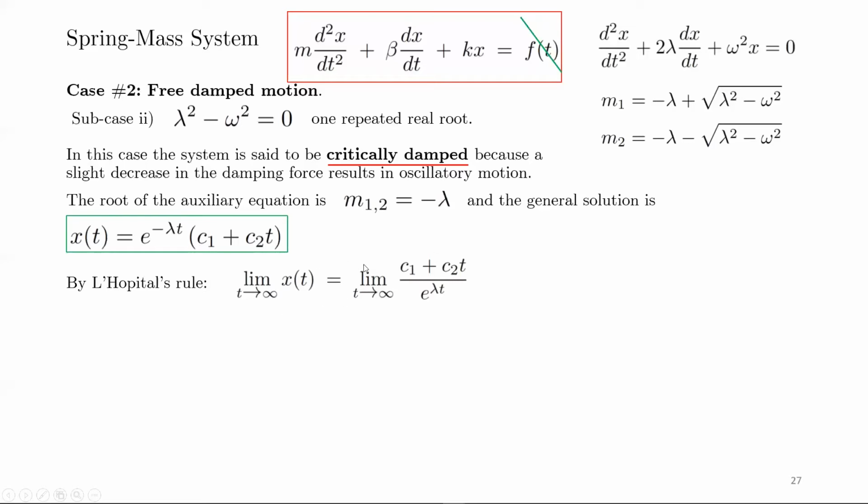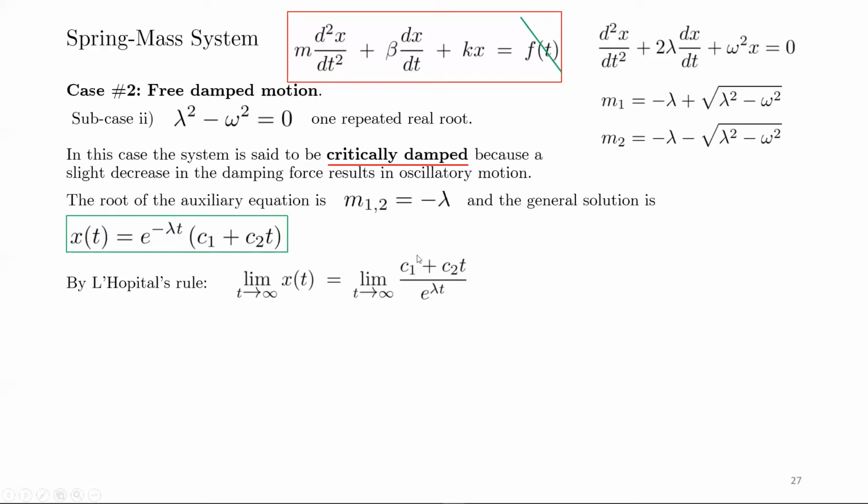to examine that behavior. So we have the limit as t goes to infinity of c1 plus c2 t divided by e to the lambda t. We've just taken this exponential to the denominator. By L'Hopital's rule, this limit is equal to the limit of the derivative of the stuff on top divided by the derivative of the stuff on the bottom.